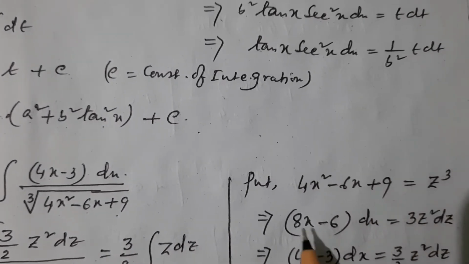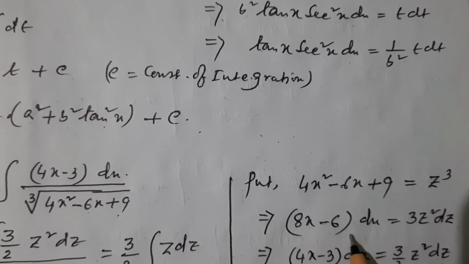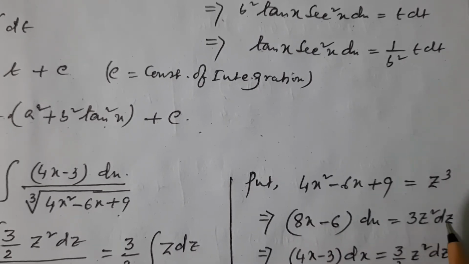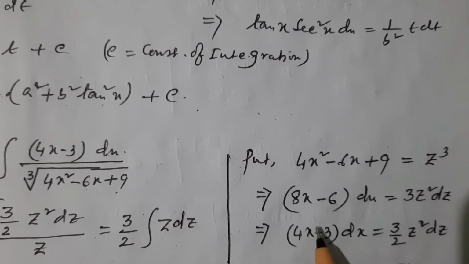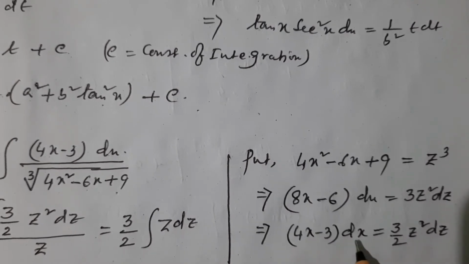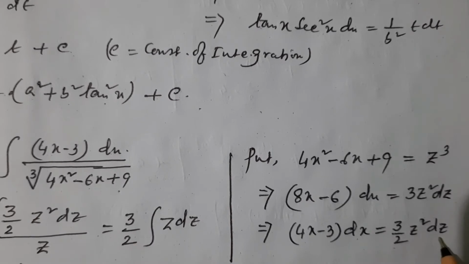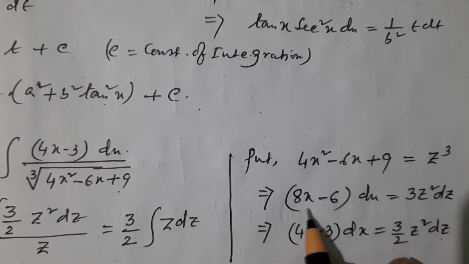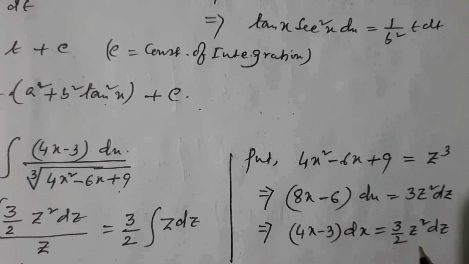Differentiate on both sides, we get 8x minus 6 whole dx equals 3z square dz. This implies that, taking 2 common on both sides, 4x minus 3 into dx equals 3 by 2 into z square dz.